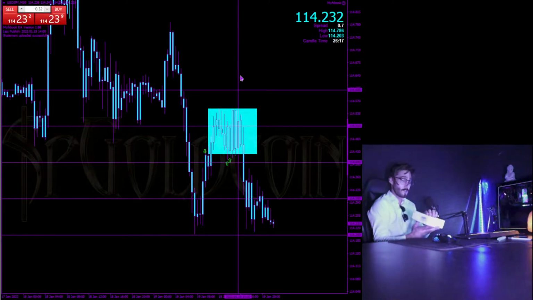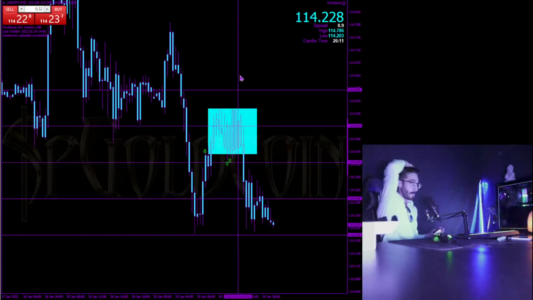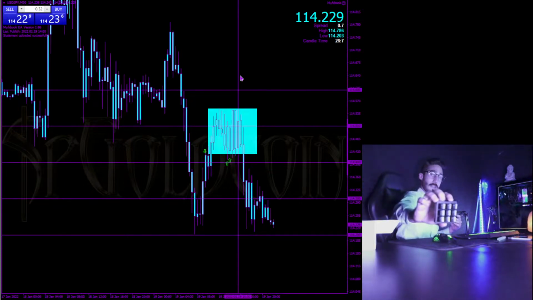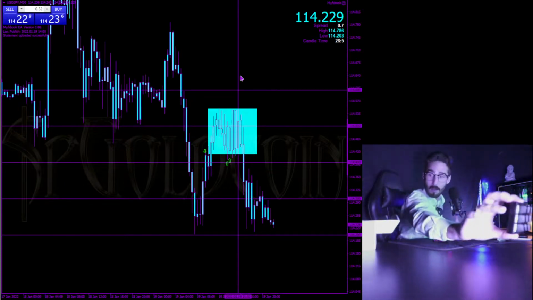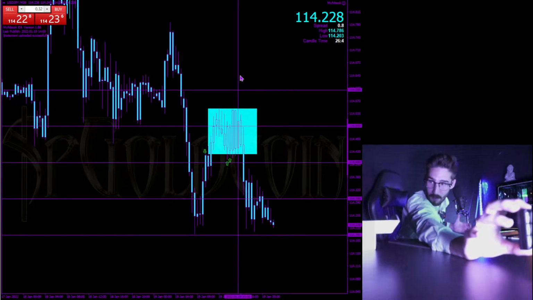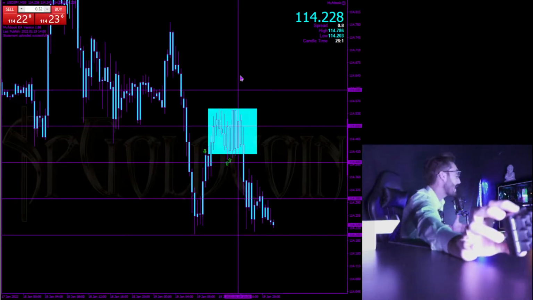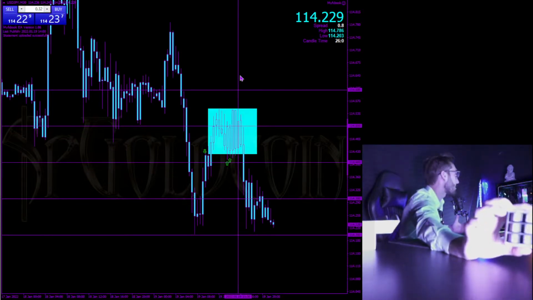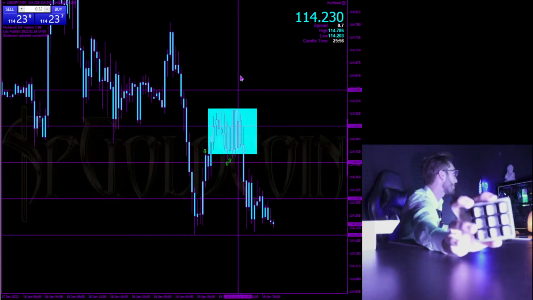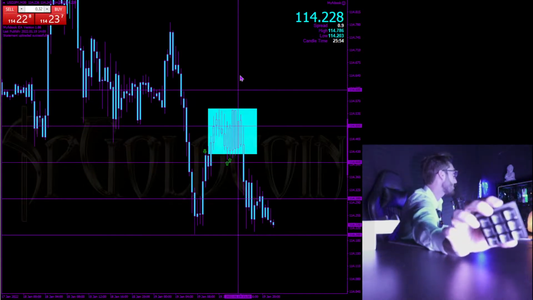All right, so we have our very own Bankroll Solutions keyboard. This is a 9-key keyboard. See, there's only 9 buttons.